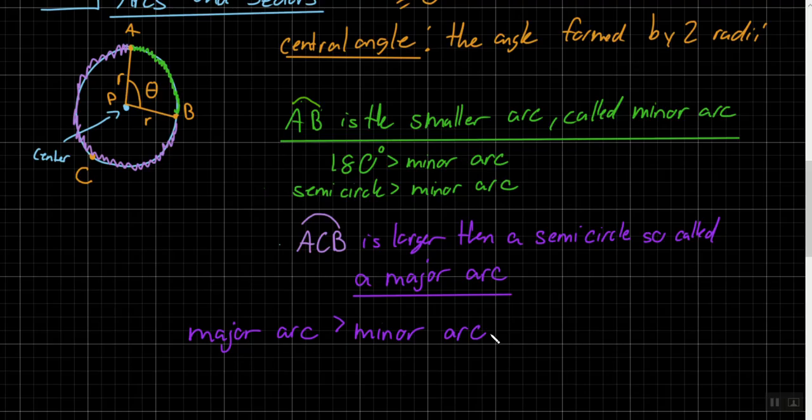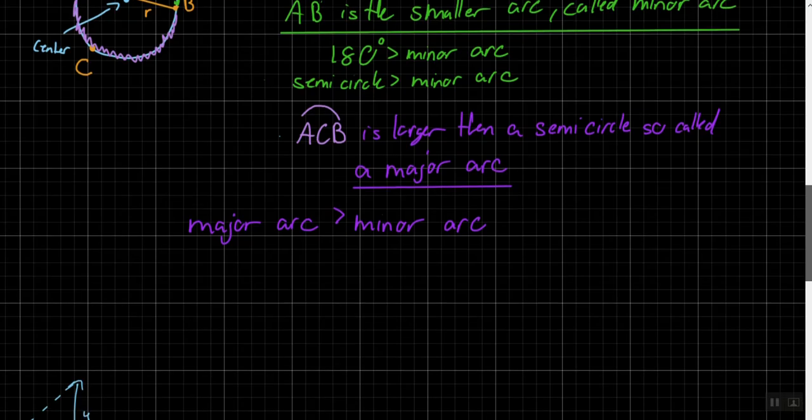What do these arcs add up to? Yes, 360 degrees. All the arcs should add up to 360 degrees because the thetas inside all add up to 360 degrees. So all arcs should equal 360.